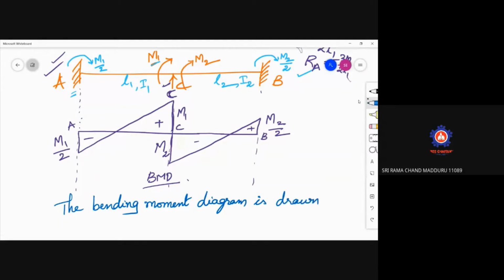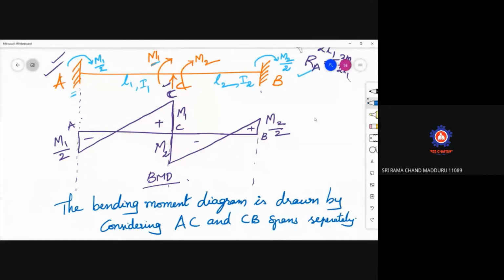The bending moment diagram is drawn by considering AC and CB spans separately.